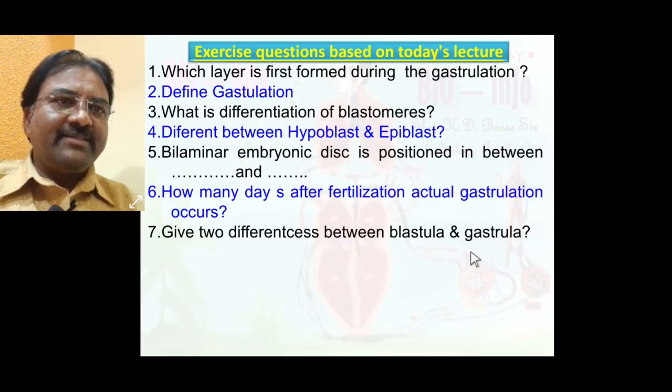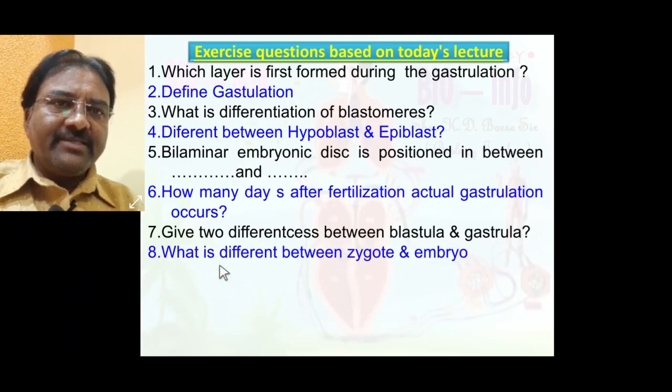In the gastrula, three germ layers are seen, ectoderm, mesoderm and endoderm. Each layer contains a cavity respectively: in endoderm the yolk sac, in ectoderm the amniotic cavity, and in mesoderm the coelom.